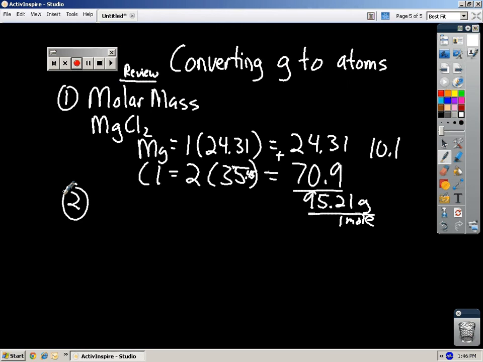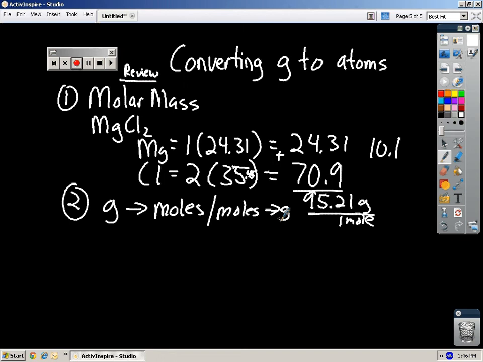Part 2. We've gone from molar mass, and then we looked at how to use that molar mass to turn grams of something into moles. We also learned how to take moles into grams. That was the second thing that we learned, and I don't have time right now to go through this with you, but after I'm done going through a new part of the lesson, I'll be glad to help anybody as we have time at the end.